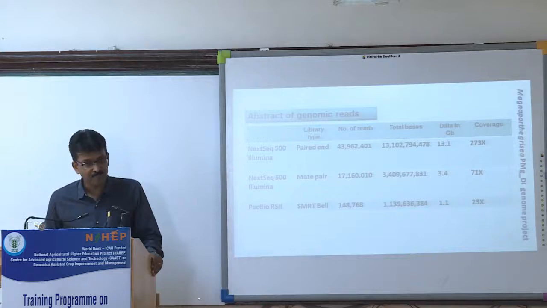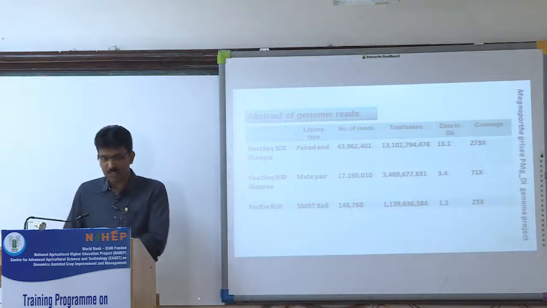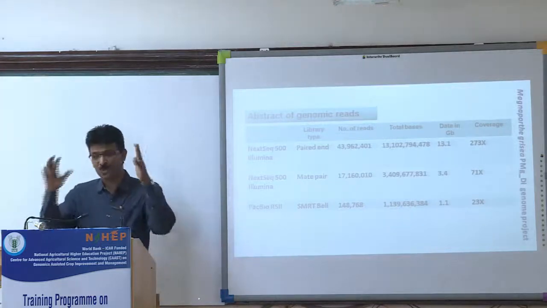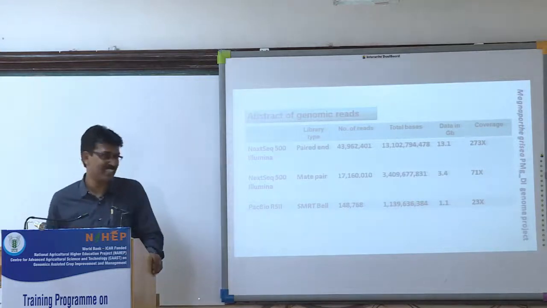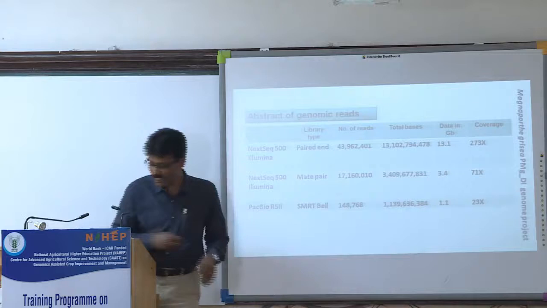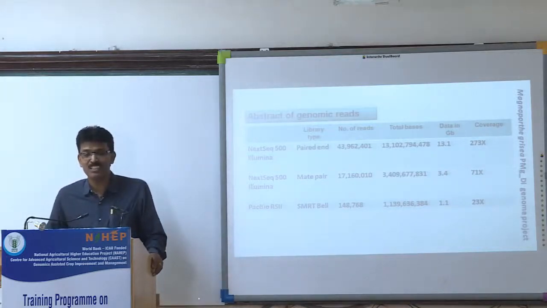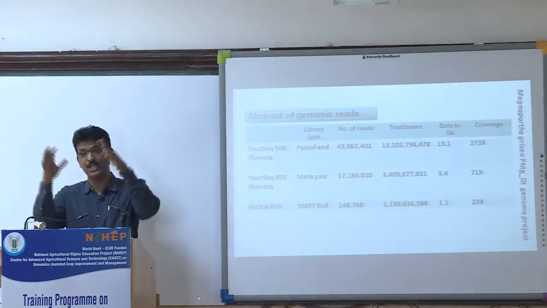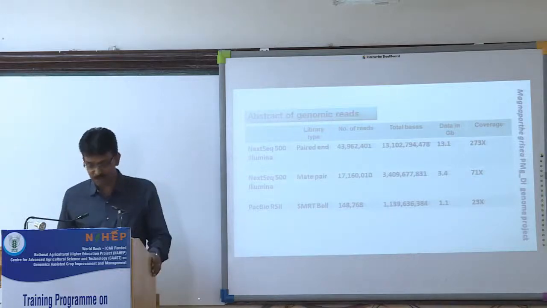73x means we have sequenced it 73 times. We will have some discussion on that. Okay. Yes, what she is asking is the meaning of 273x, which is given in the last coverage, 71x and 23x. This is nothing but the estimated genome size and the total data you generated.